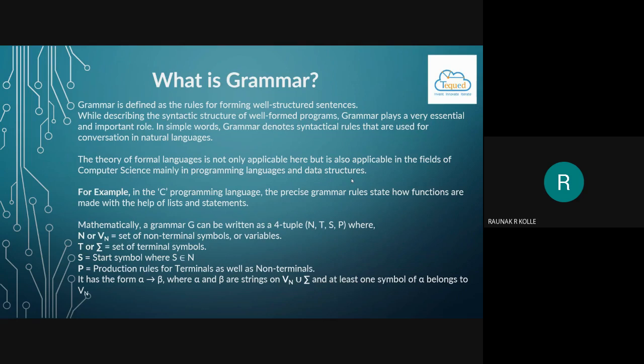P stands for the production rules for terminals as well as non-terminals. It has the form alpha to beta, where alpha and beta are strings on the union of a set of non-terminal symbols and the set of terminal symbols. And at least one symbol of alpha belongs to the set of non-terminal symbols.